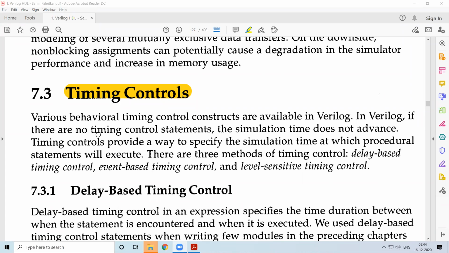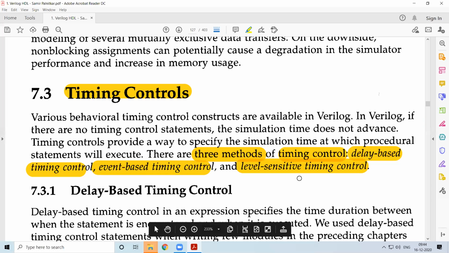Those are all things you try to estimate. There are three different methods of timing control. One is delay-based timing control, one is event-based timing control, and the last one is level-sensitive timing control.